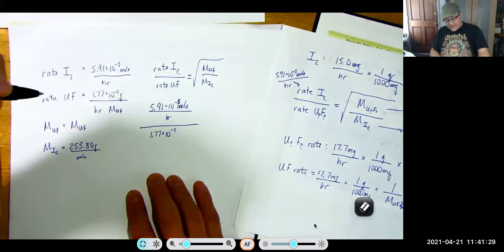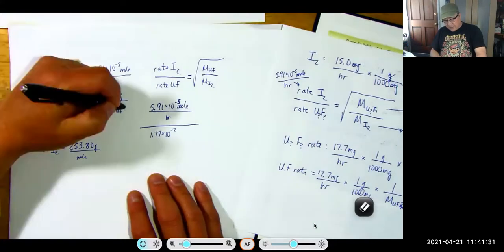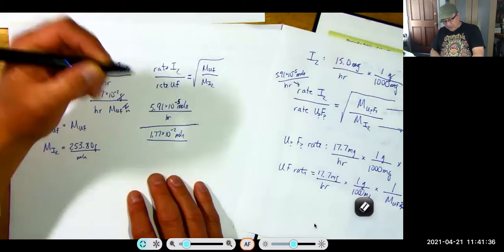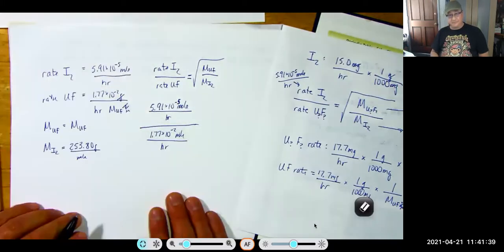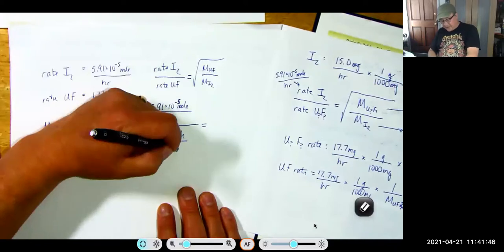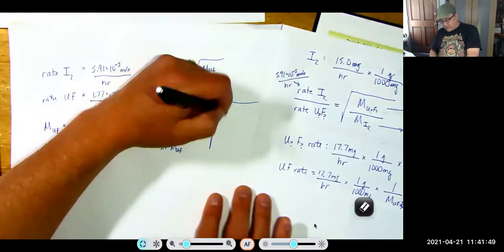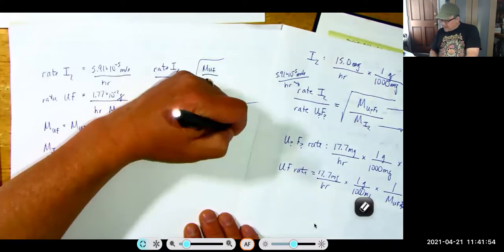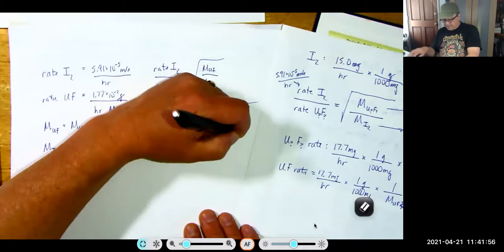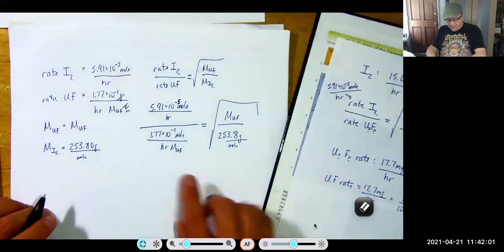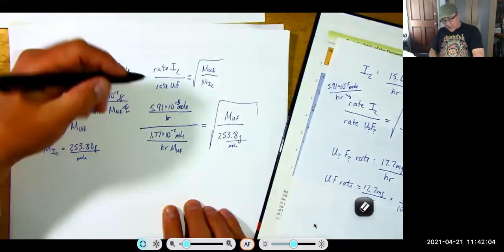And actually, now that I think about it, since this is grams per mole, I'm going to go ahead and cancel these grams and put mole per hour. Is equal to, oh, and I forgot the molar mass of UF, is equal to the molar mass of UF over 253.8 grams per mole. So here I have everything I need. Do you see that the moles per hour cancel?